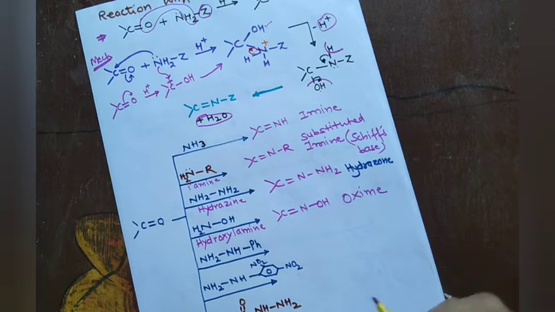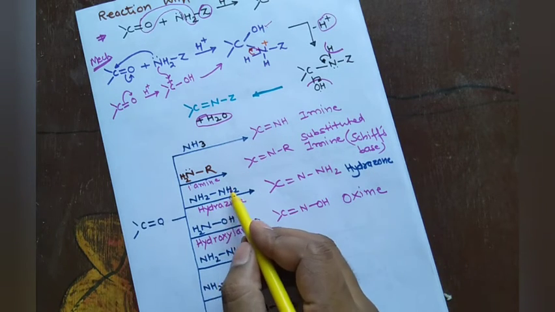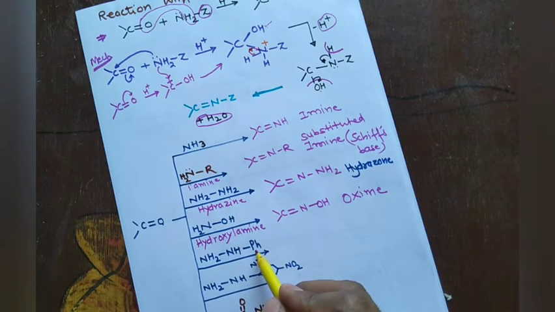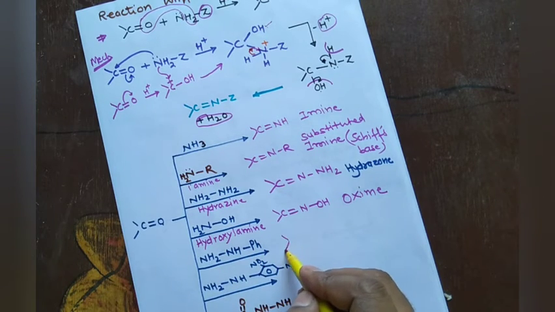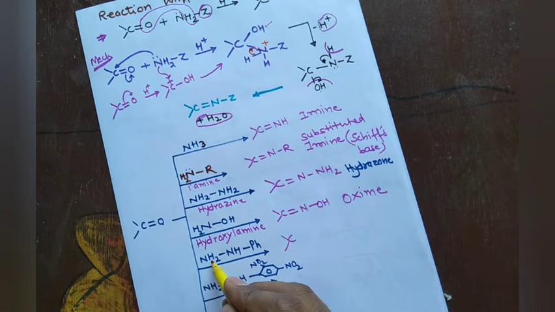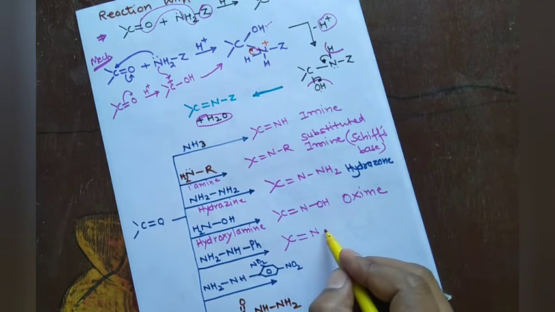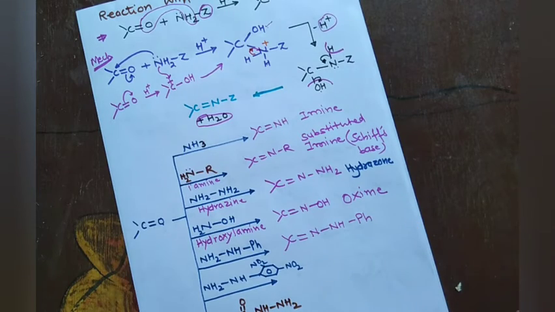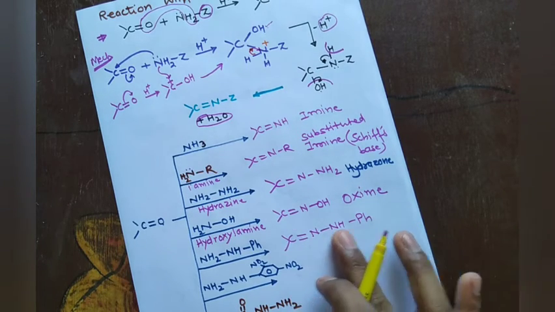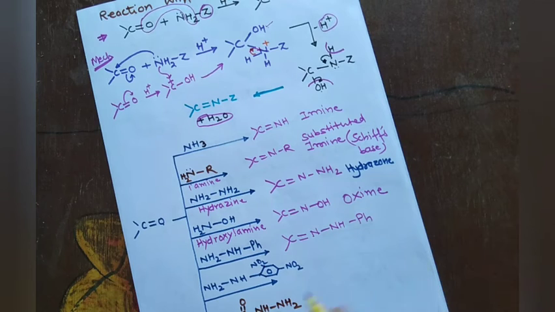Now suppose in hydrazine 1 hydrogen is replaced by phenyl group, benzene ring, then it is called phenylhydrazine. So you have to remove 2 hydrogen from nitrogen, and NHPh, in place of Ph C6H5 can be written. This is phenylhydrazone. Now look at this reagent, 2,4-DNP.